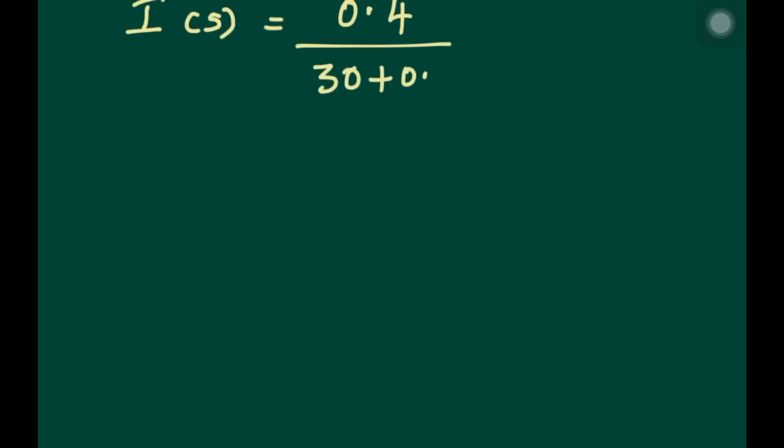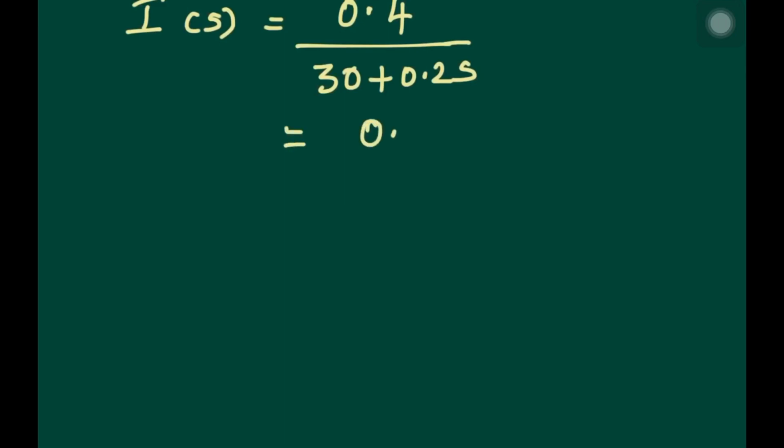Now I of s is equal to 0.4 divided by 30 plus 0.2 s. Now take the coefficient of s outside so that we will be getting the form as s plus a, where a is the constant. So in order to get that condition, let us take 0.2 outside.